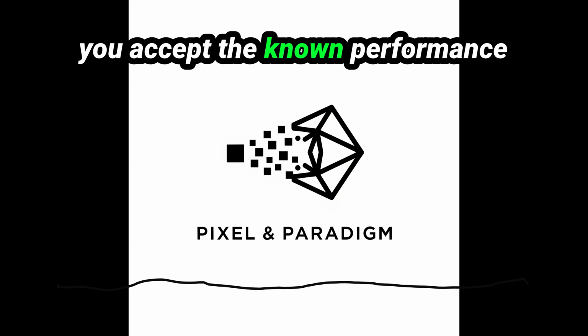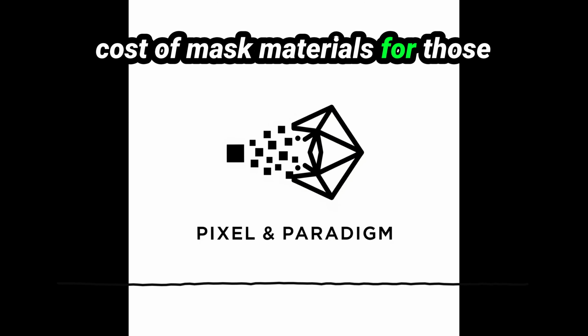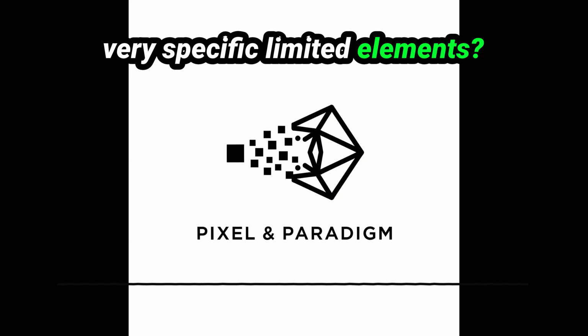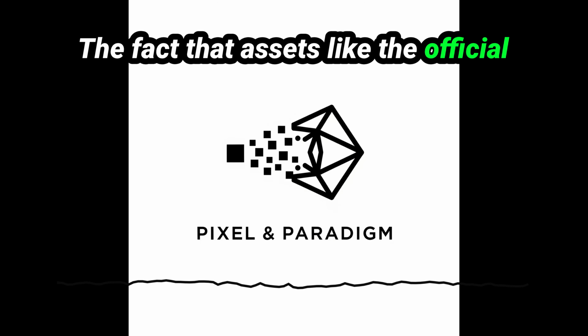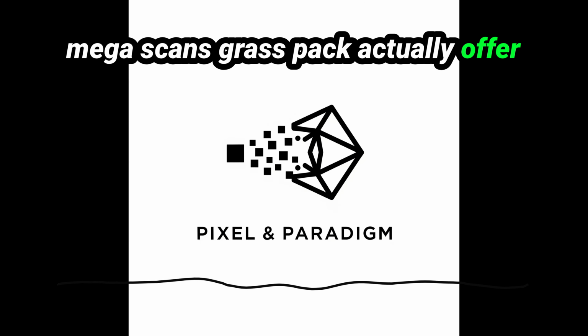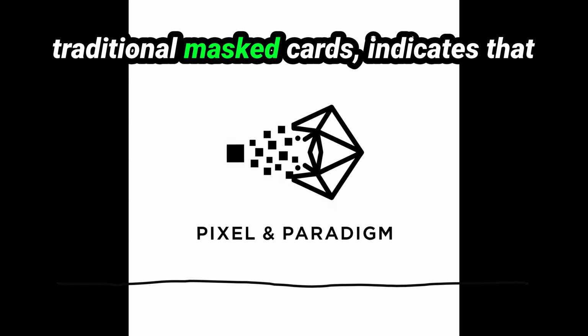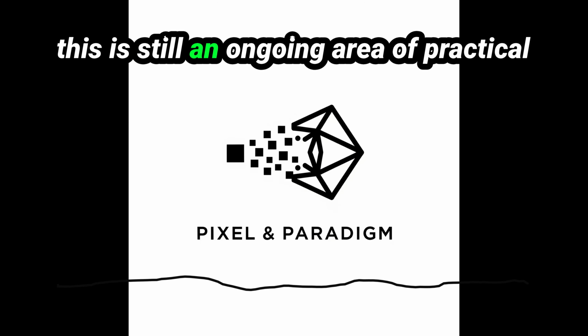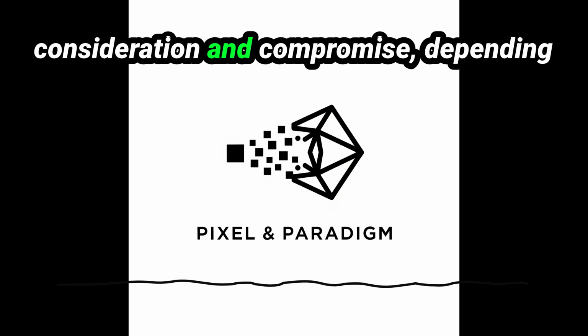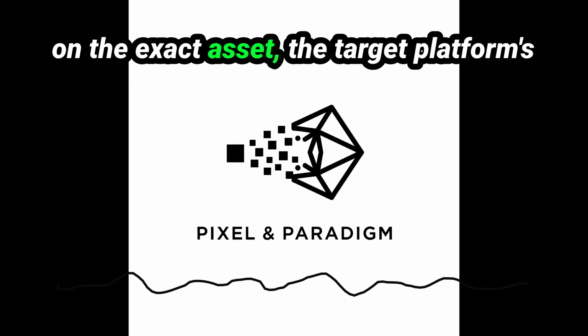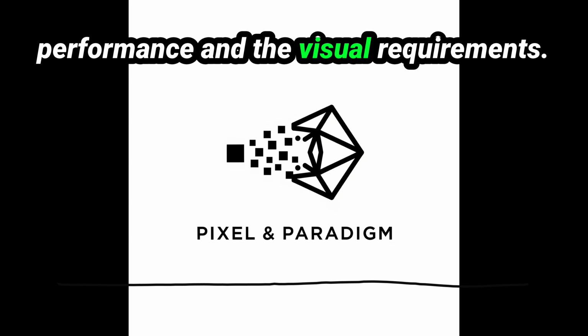Or do you accept the known performance cost of masked materials for those very specific limited elements? The fact that assets like the official Megascans grass pack actually offer both high poly geometric grass and traditional masked cards indicates that this is still an ongoing area of practical consideration and compromise, depending on the exact asset, the target platform's performance, and the visual requirements.